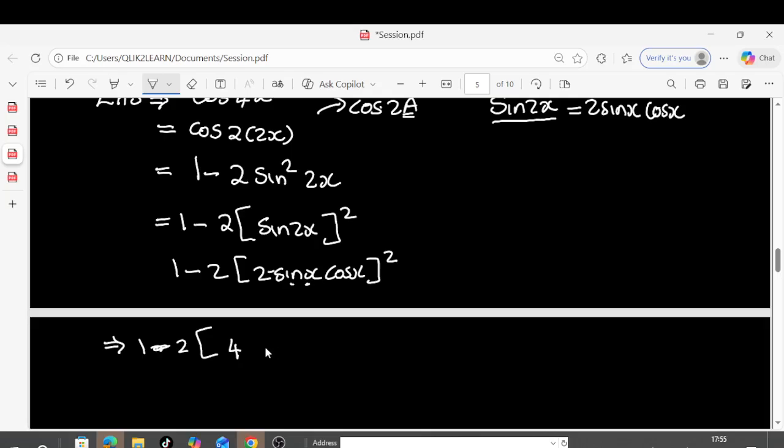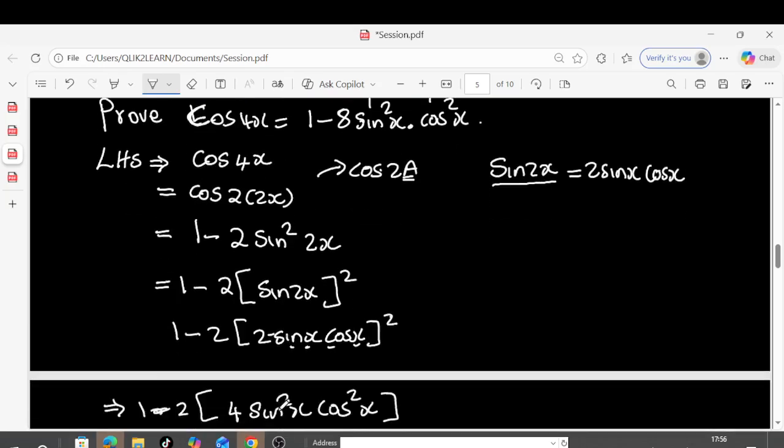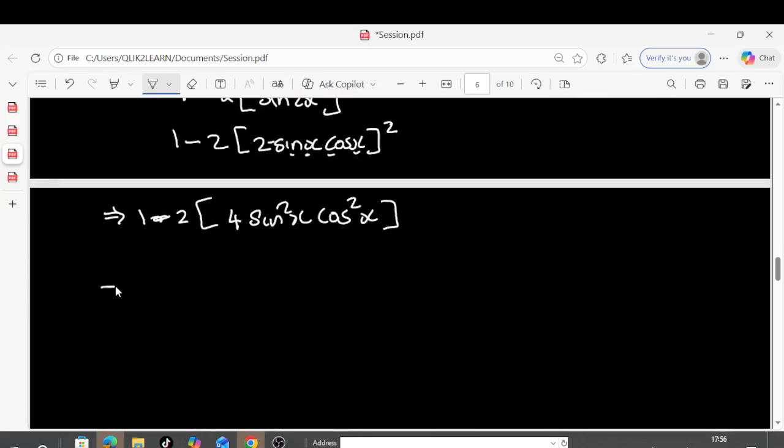Sine x squared is sine squared x, and cos x squared is cos squared x. Can you see that inside the bracket we have that sine squared, cos squared? We just have to multiply out the bracket by that 2, which gives us 8 sine squared x cos squared x. And that's it. Left hand side is equal to right hand side.